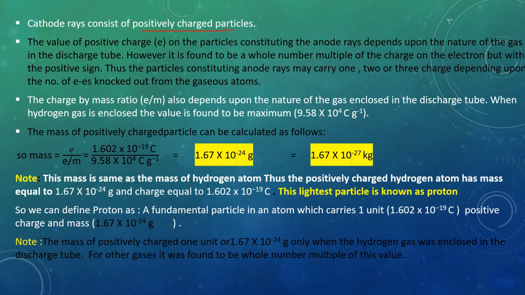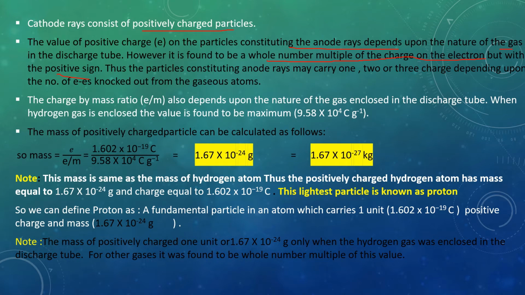The value of positive charge on the particles constituting the anode rays depends upon the nature of the gas in the discharge tube. However, it is found to be a whole number multiple of the charge on the electron, but with a positive sign. If one electron is given out by the atom, then it is equal to the charge on the electron.